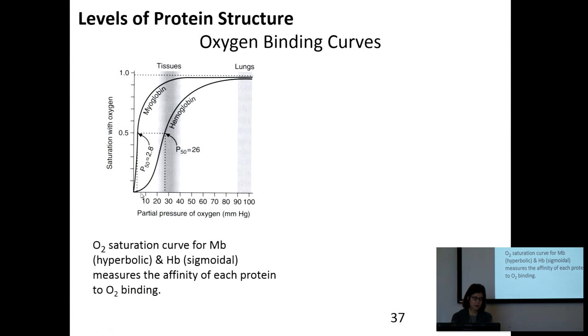So again, down here, hard binding. Up here, easier binding. It's hard binding because we haven't changed the conformation. The binding of the first one makes it easier for the other ones to bind. So we need more oxygen around, a higher concentration, in order to get the same amount of binding than we do with myoglobin.